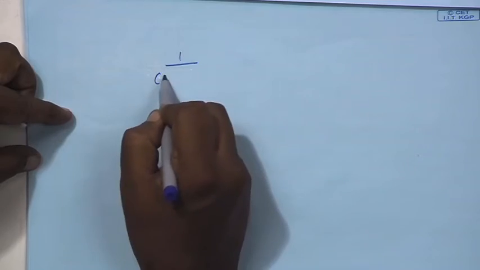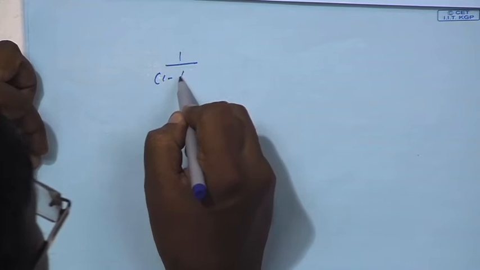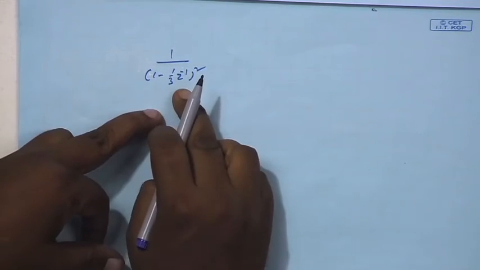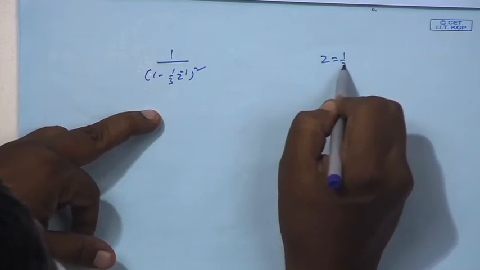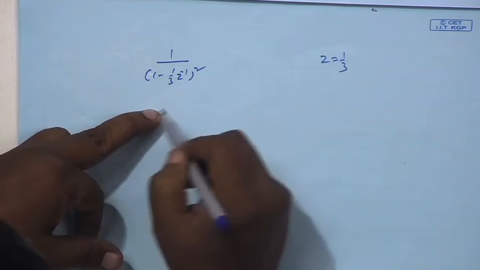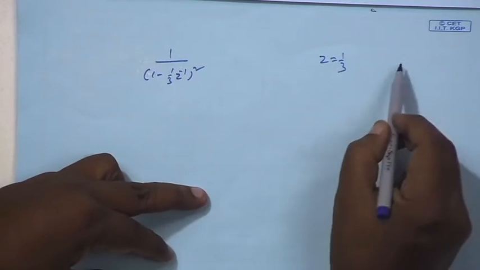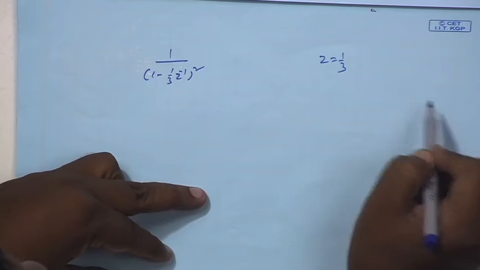If you have an expression like this, and obviously this has a pole, second order pole at Z equal to 1 by 3. So, this cannot be part of the ROC of this fraction. So, either mod Z less than 1 by 3 or mod Z greater than 1 by 3.